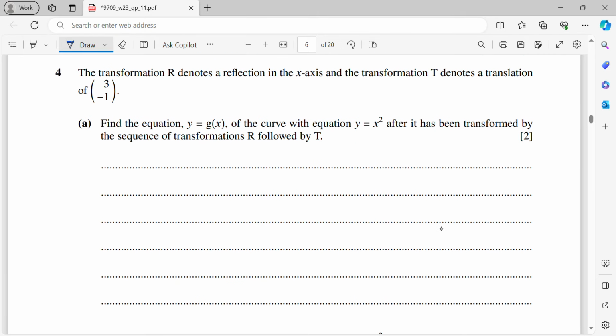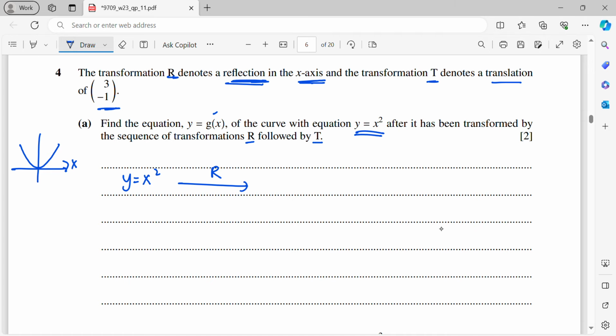So for question number 4, the transformation R denotes the reflection in the x-axis and the transformation T denotes a translation. A. Find the equation y equals f(x) of the curve with equation y equals x squared after it has been transformed by the sequence of transformations R followed by T. So when y equals x squared, after the transformation R, because R means reflection in the x-axis, this is the x-axis, this is y.